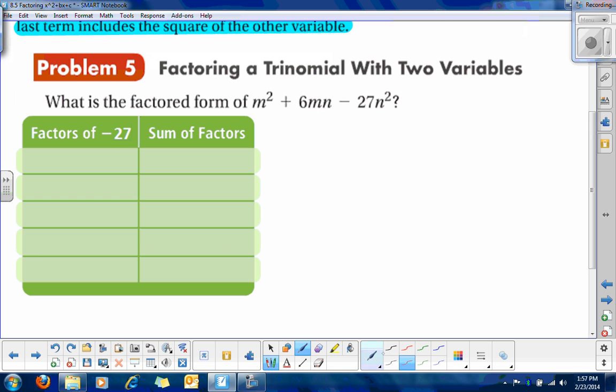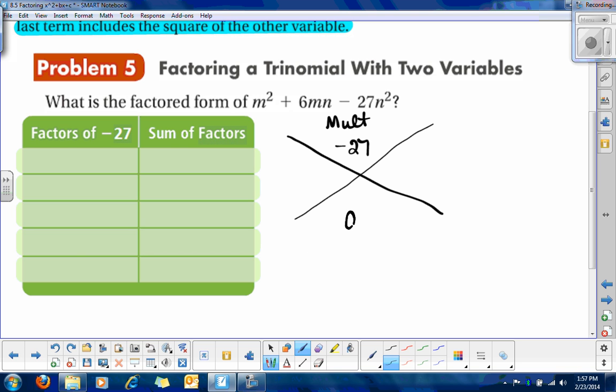So let's use our x method again. Our x method and the table. So when I multiply, I want to get a negative 27. When I add, I want to get a positive 6.